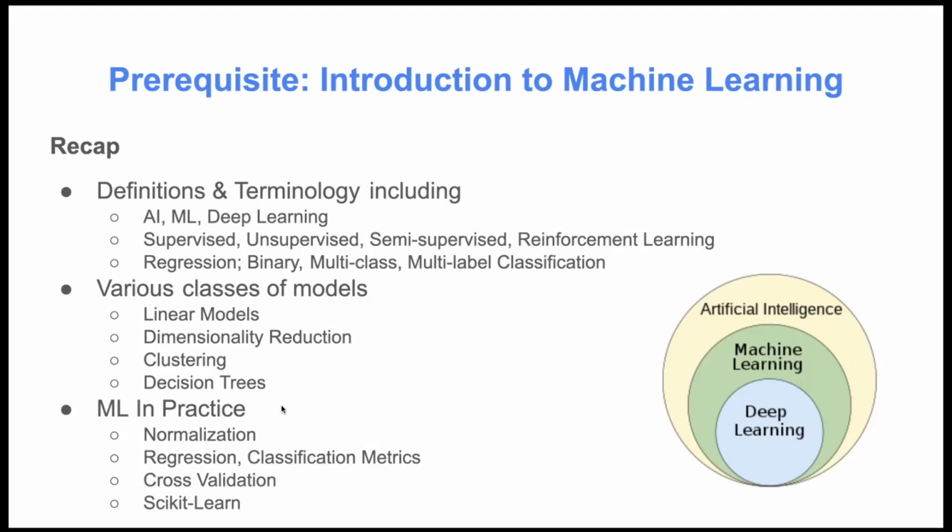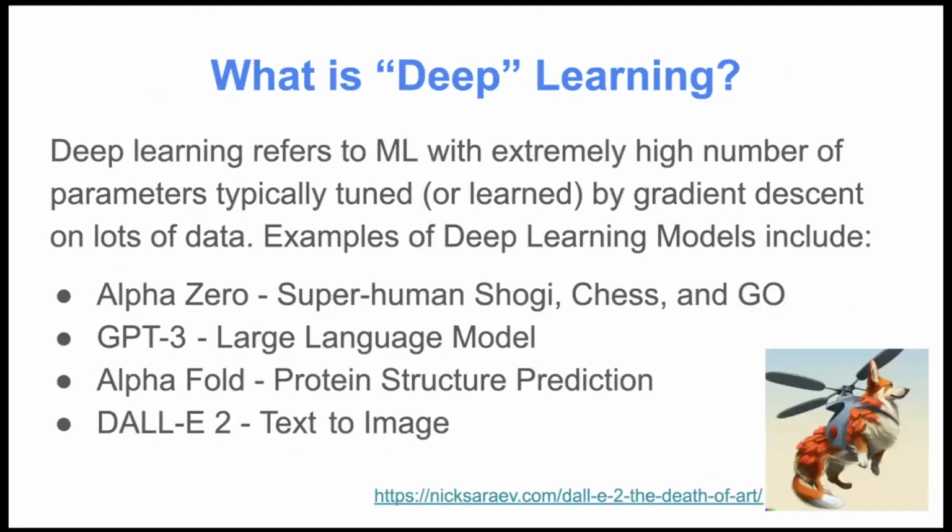Many of these things we'll still be using when we start talking about deep learning, but some things do end up changing. So just again, to recap what deep learning is, it's really just machine learning with an extremely high number of parameters. We typically tune these by gradient descent, which I'll talk about today, on lots of different data.